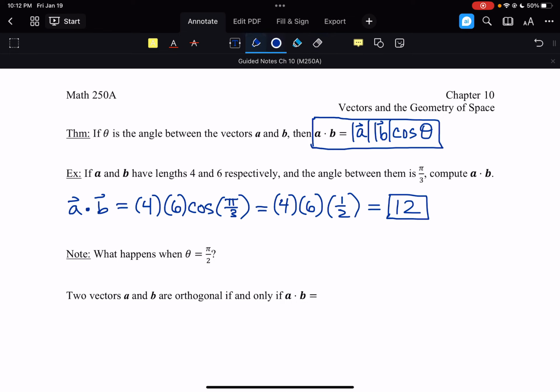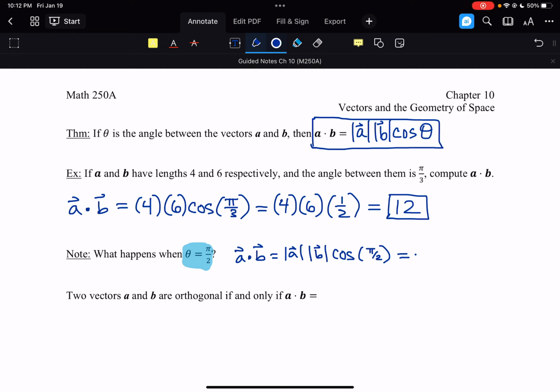Now notice what happens when theta is pi over 2, or in other words, 90 degrees. When theta is pi over 2, we get A dot B is the length of A times the length of B times cosine of pi over 2.